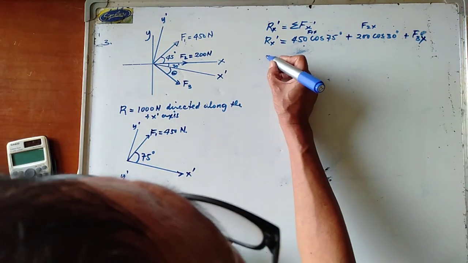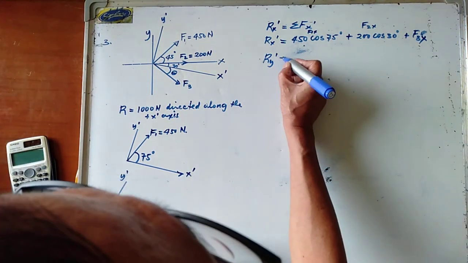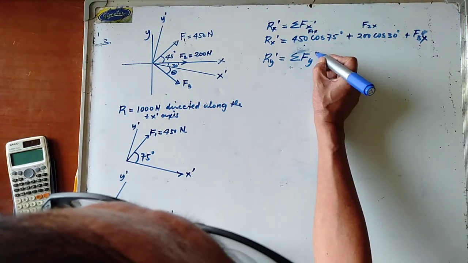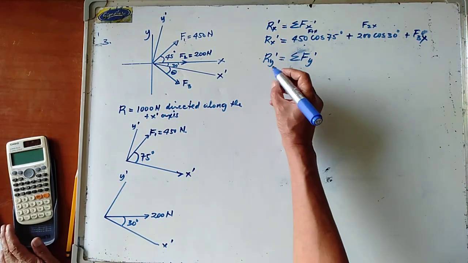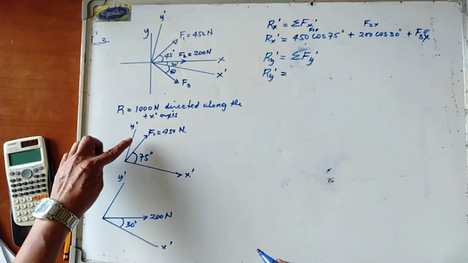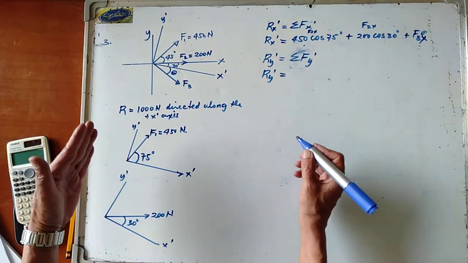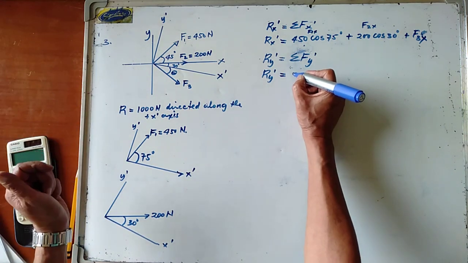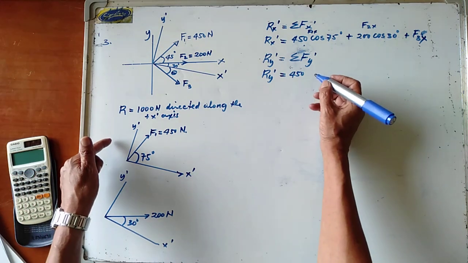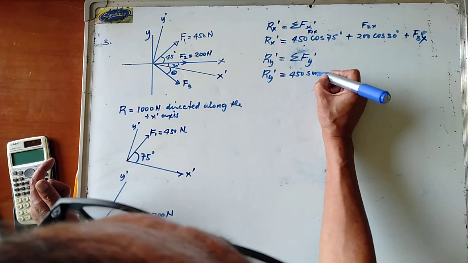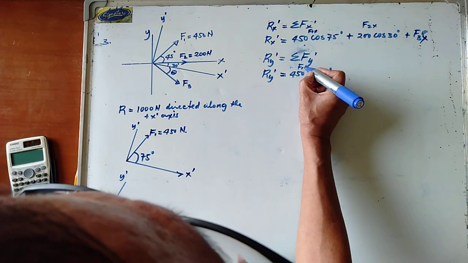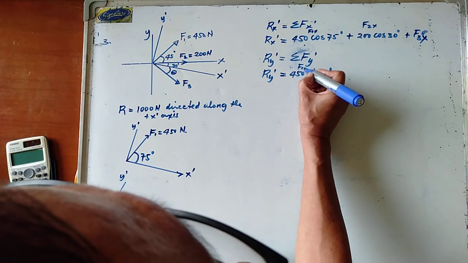Your Ry prime is equal to the summation of forces in the y prime direction. The component of the 450 is going up, so we have 450 sine of 75 degrees, that is your F1y prime.